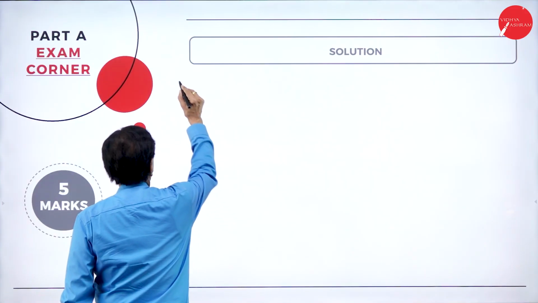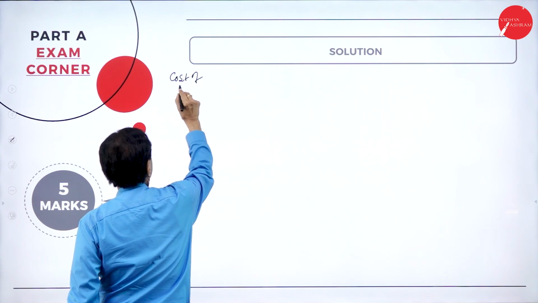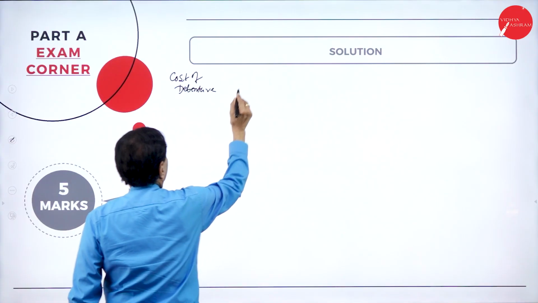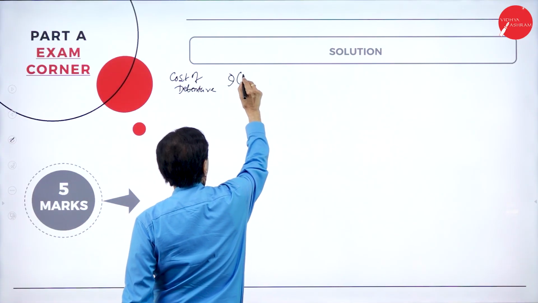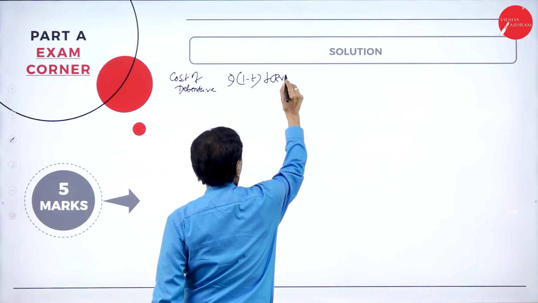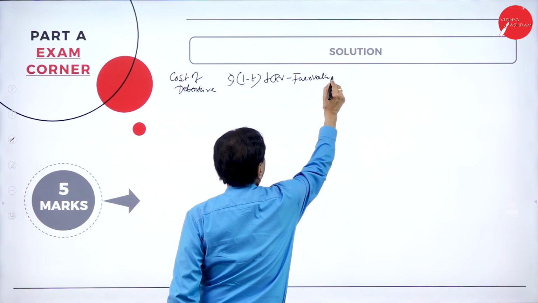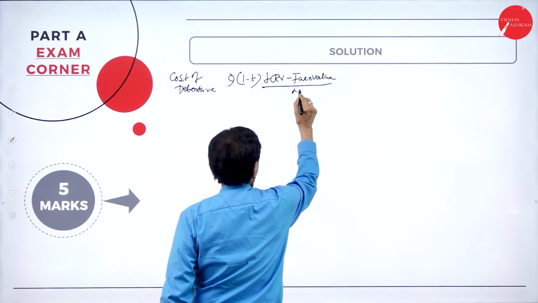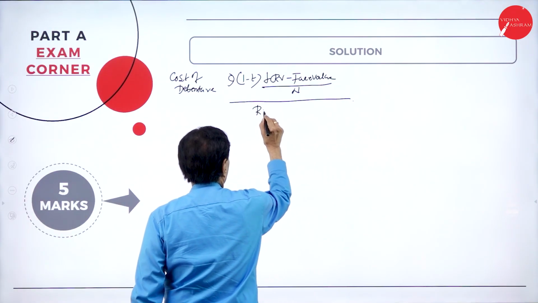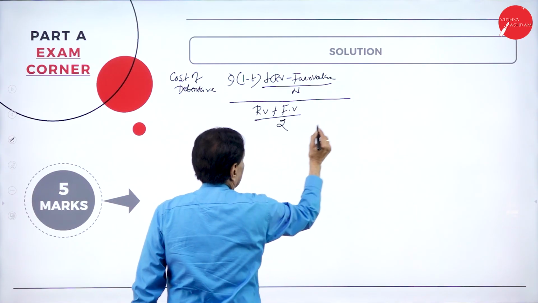So the formula, cost of debenture is I into 1 minus T plus redeemable value minus face value divided by N, whole divided by redeemable value plus face value divided by 2, into 100.